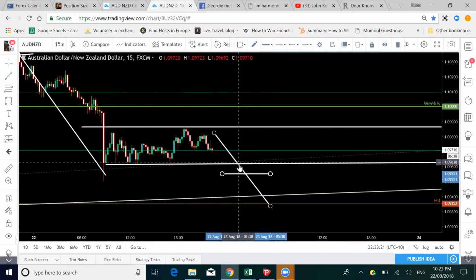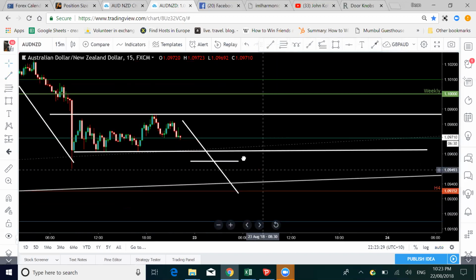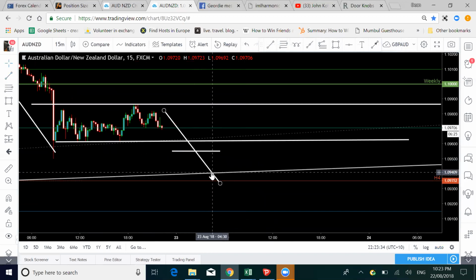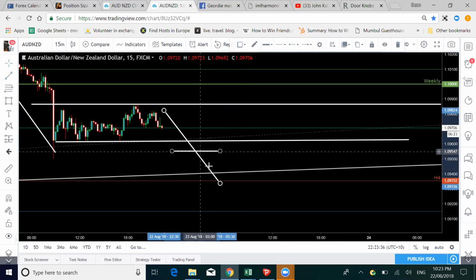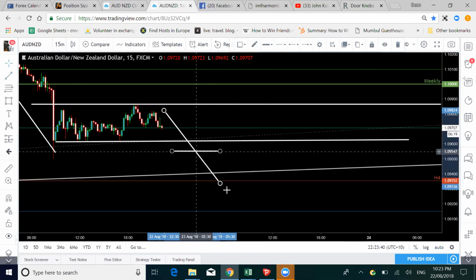If it breaks through that, we take a sell stop, 5 or 6 pips below that particular line. And we could run it down to the support line, or we can even run it all the way down to the H4.